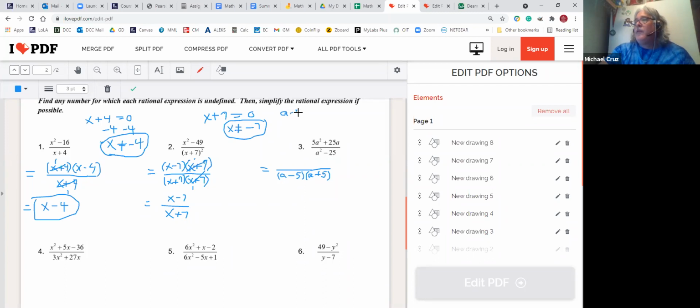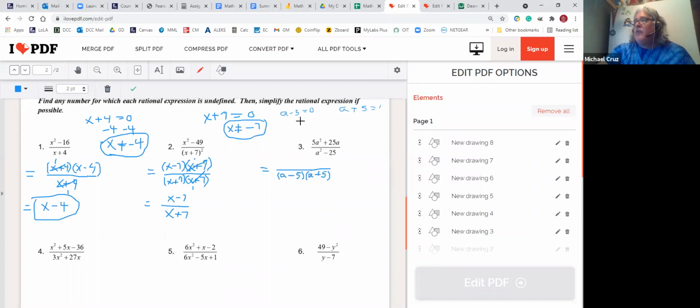I'm going to do the undefined part here. So set them equal to 0, and then solve.